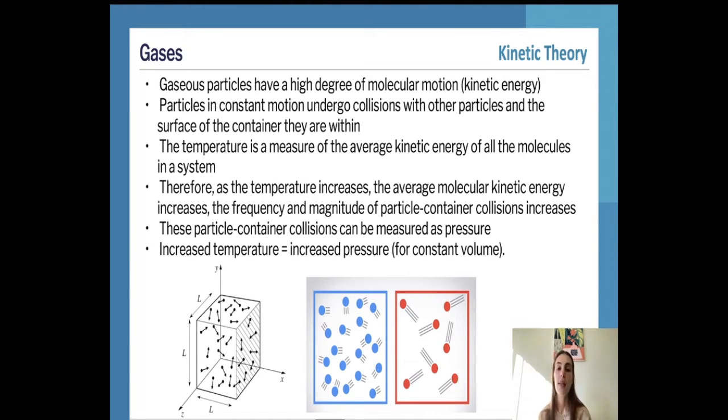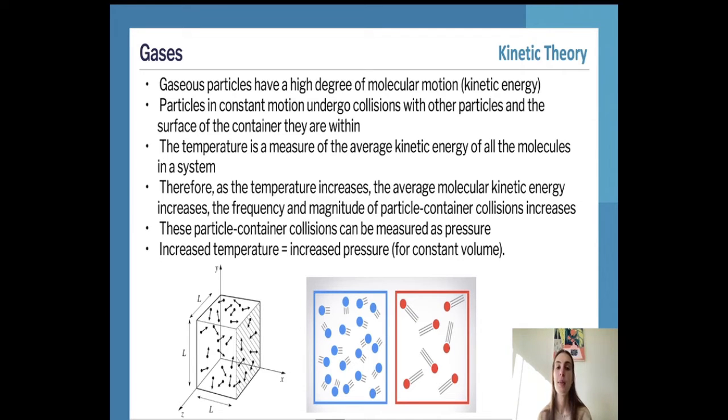Whereas if we look at the red on the right, we can see that there are a lot fewer particles for the same amount of space. If we have a lot fewer particles in the same amount of space, that means we're going to have a lot fewer collisions, a lot less frequency, and a lot less magnitude of these collisions.